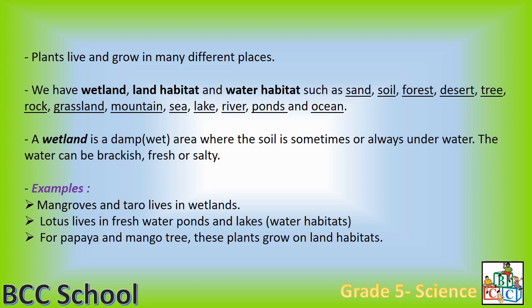A wetland is a damp (wet) area where the soil is sometimes or always under water. The water can be brackish, fresh, or salty. Examples: mangroves and taro live in wetlands.